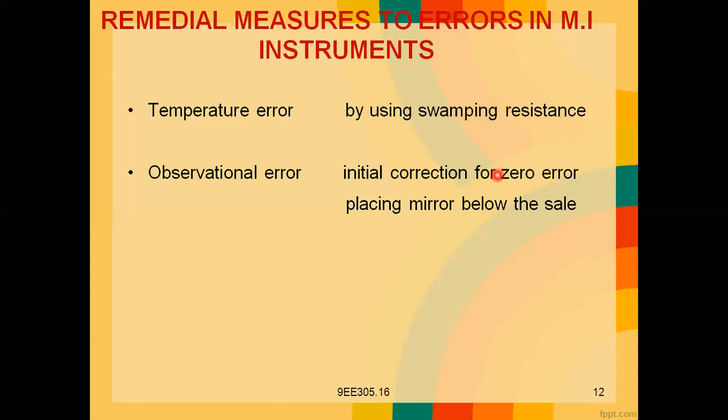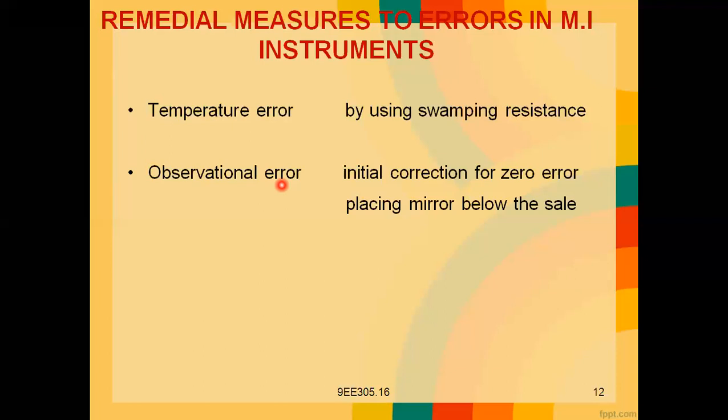Now we are discussing the remedies. We have seen that to reduce the temperature error, we can use a swamping resistance. It's a resistance of low value connected in series. And coming to observational error, there are many causes for it. One of them is zero error. Zero error means the pointer should be showing 0 before connecting it to the circuit for measurement.